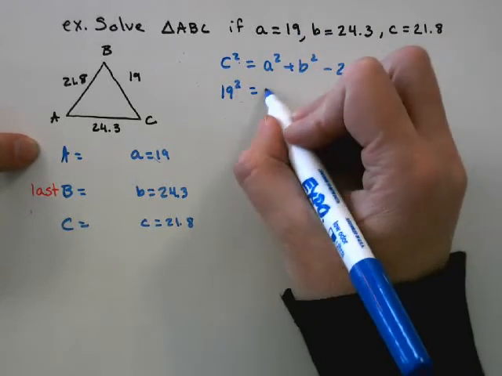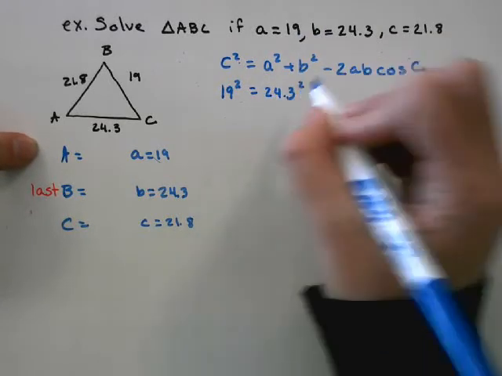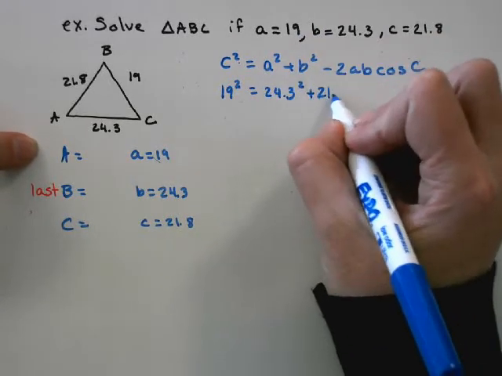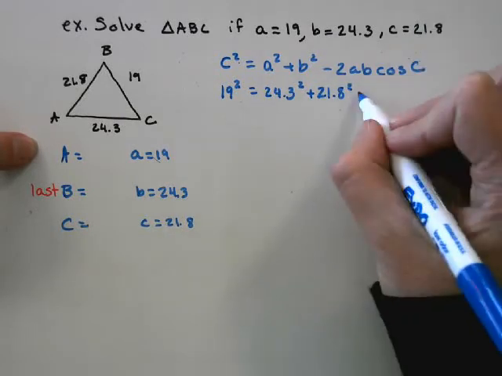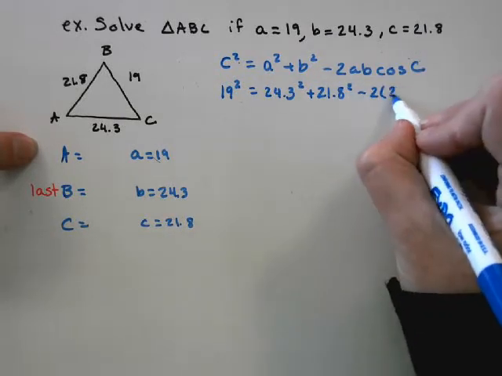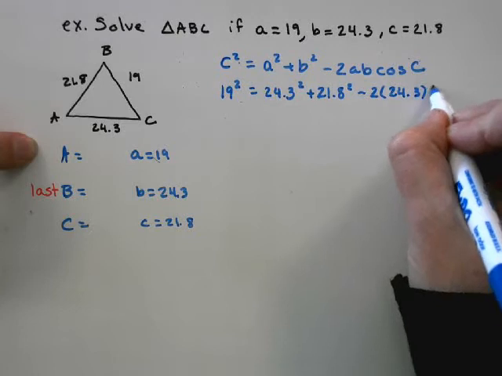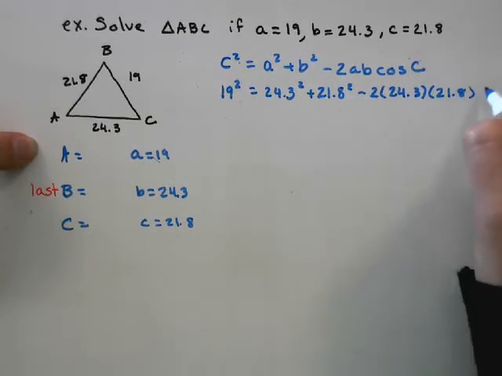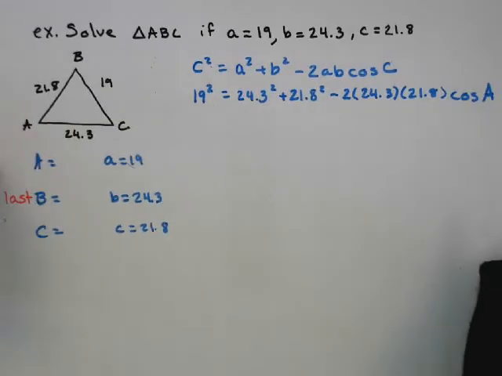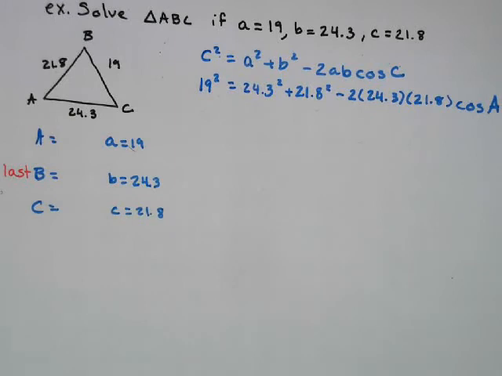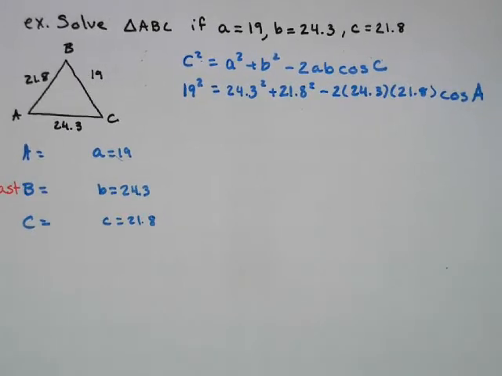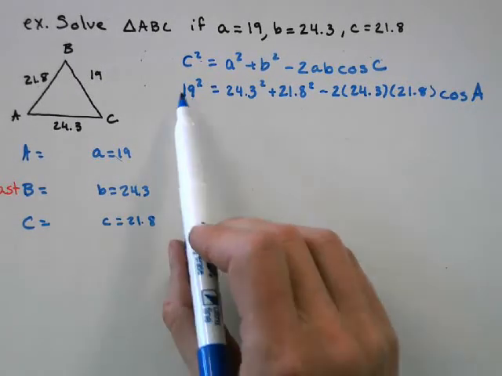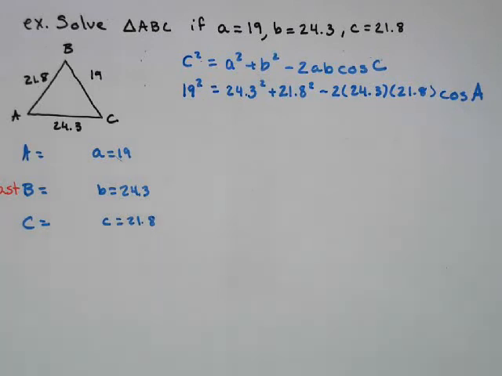The other two sides are interchangeable. And in this case, we are finding A. So 19's over here, A's over here.